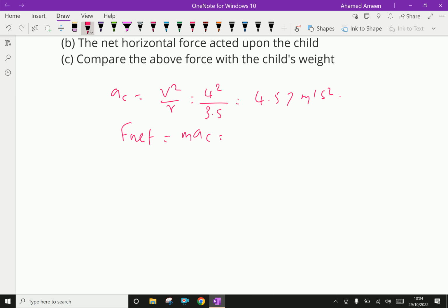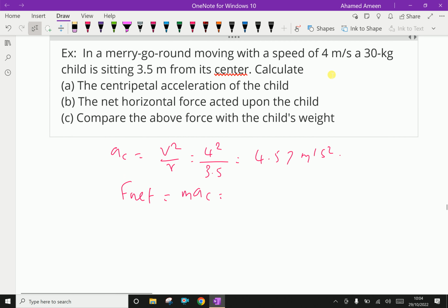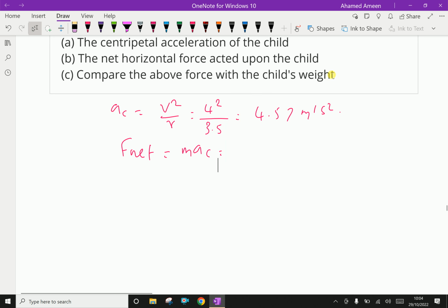The child's mass is 30 kg into acceleration 4.57, which is equal to 141 Newton. Next question, compare the above force with the child's weight.